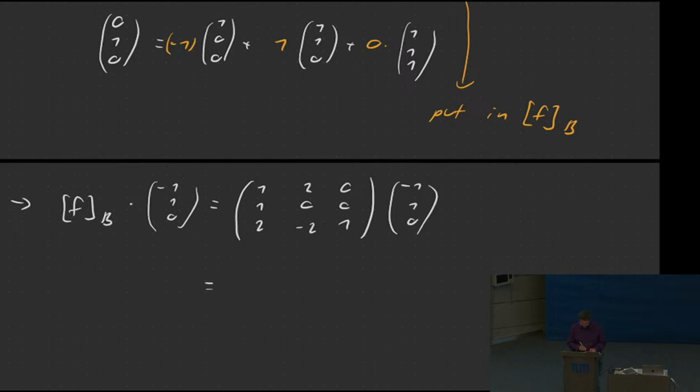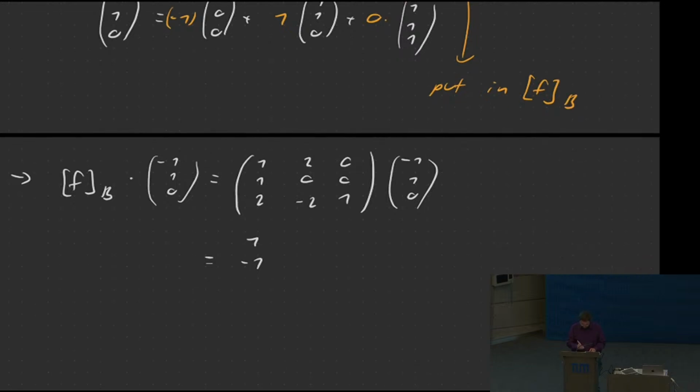And we'll get, let's see, -1 plus 2, that's a +1, -1 plus 0, that's a -1, and -2, -2, that's -4, hopefully.